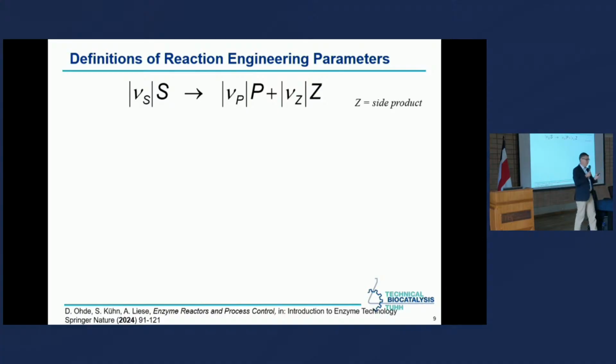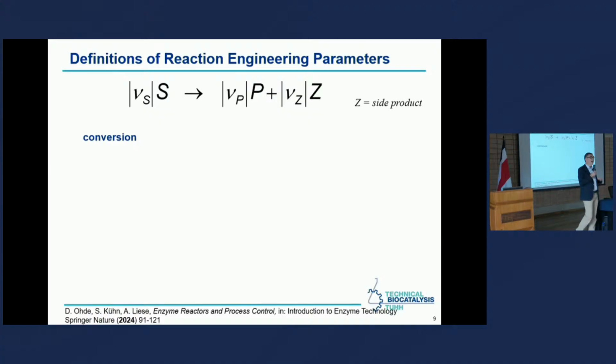And for this, we use 3 terms. And these 3 terms are, for one, the conversion. And now it becomes important because the first question I give you in a moment will also address these 3 terms. What does conversion mean? Conversion is just telling you how much of the starting material was converted away to the product side. But it does not determine how much product or how much side product is being produced.